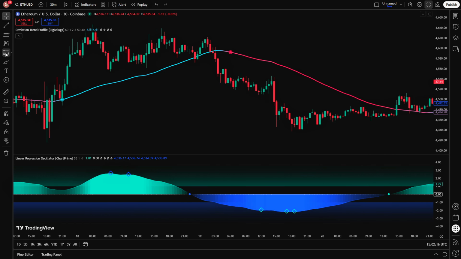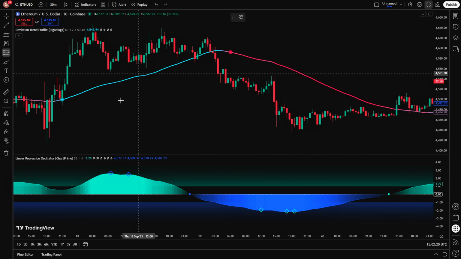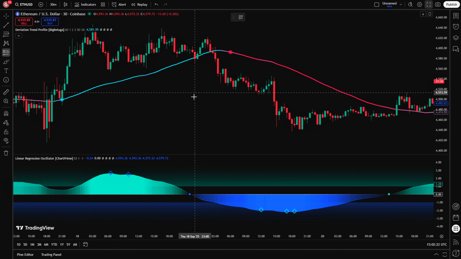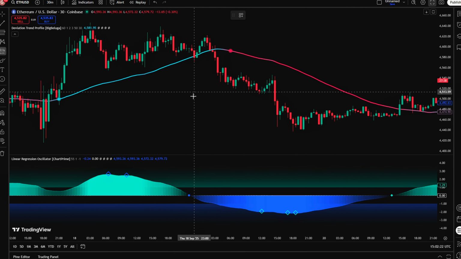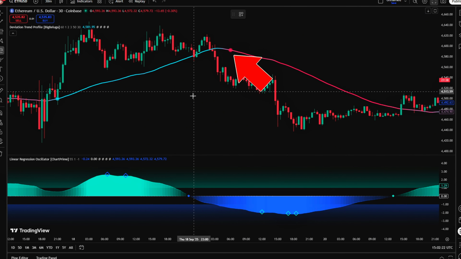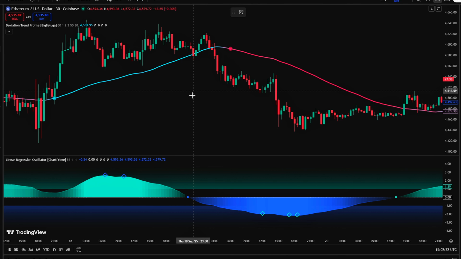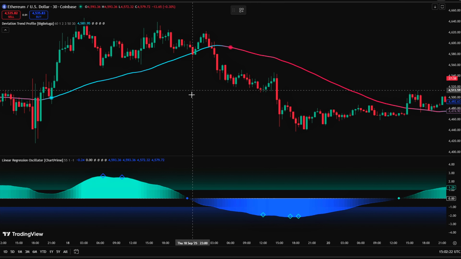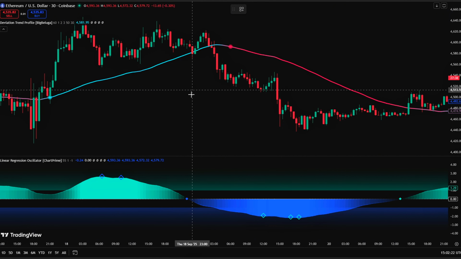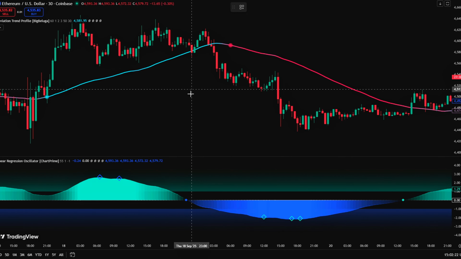Sell setup. Conditions. Before entering a short trade, make sure all of the following are true. The Deviation Trend Profile gives a sell signal, marked by a red circle on your chart. This shows that price may be shifting into a bearish phase. The market price moves below the plot line, confirming that bearish pressure has taken control and that the price is trading under resistance.